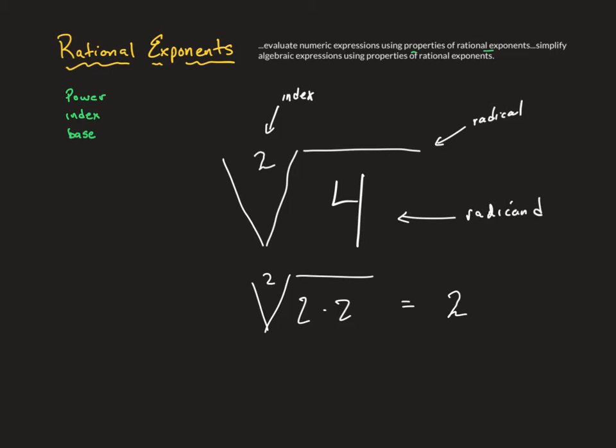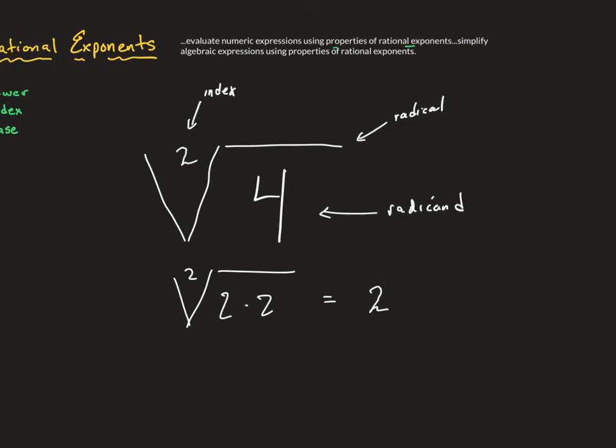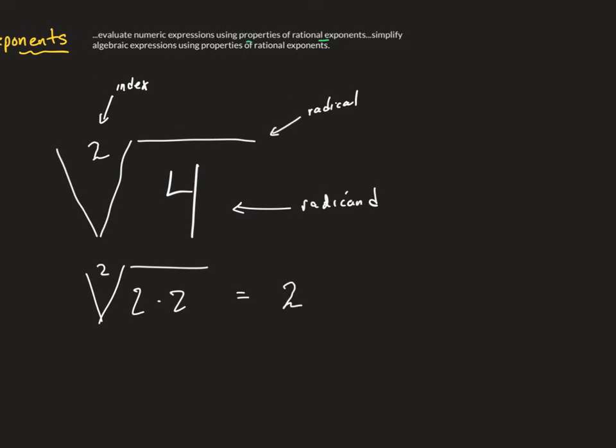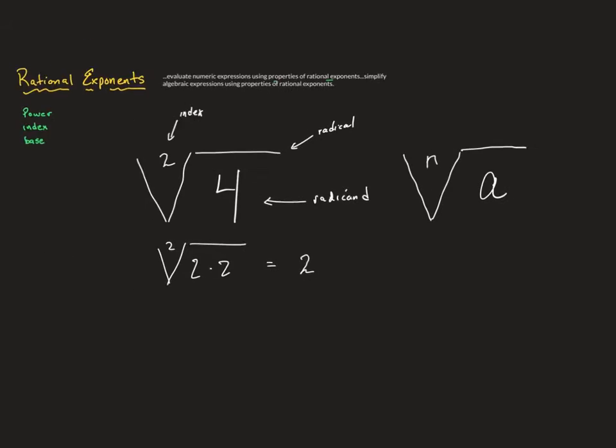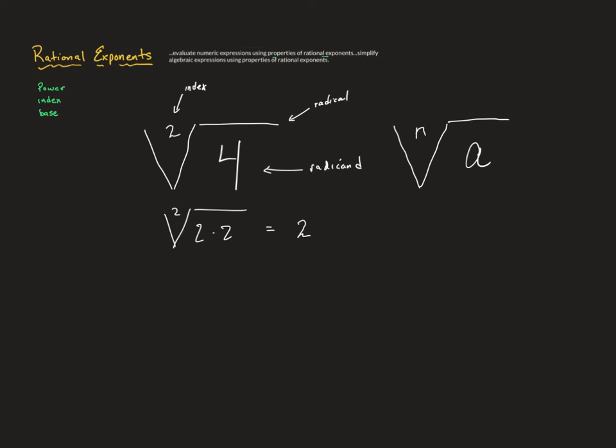Now, in the big scheme of things, what does that mean? We have any value we want. We'll call it A, and we'll call my index N. And if you think about it, what is the power of A? What is the exponent of A right now? Well, the exponent of A right here is the same thing as the exponent of 4 right here. That was 4 to the first power, and A is to the first power.